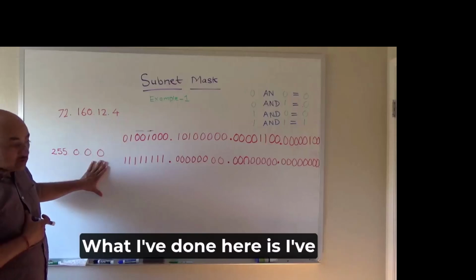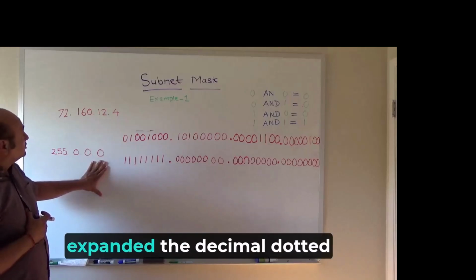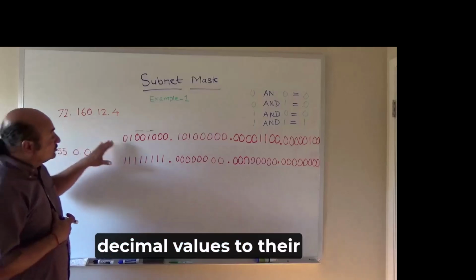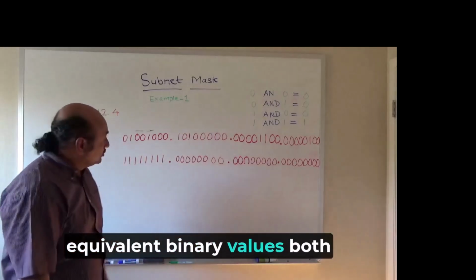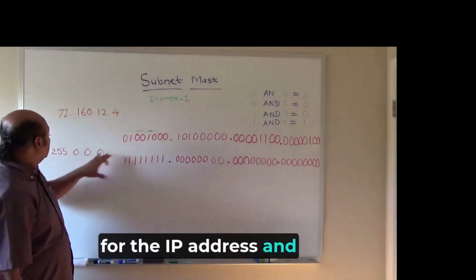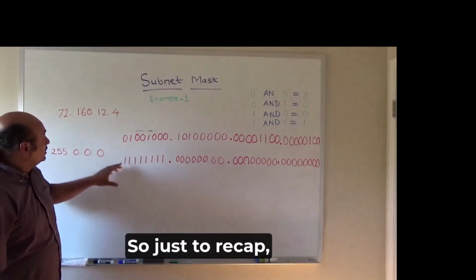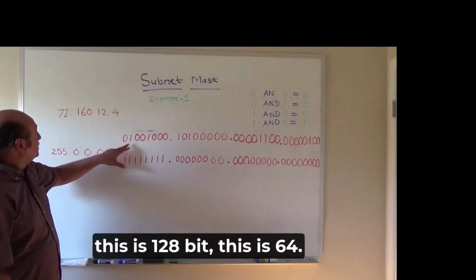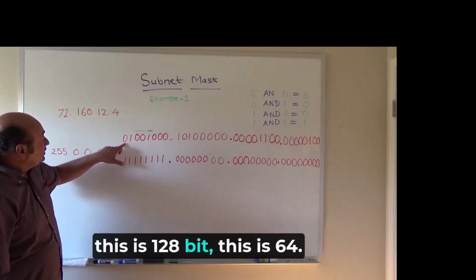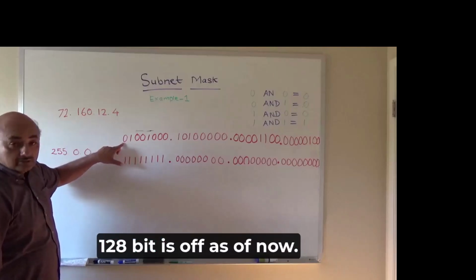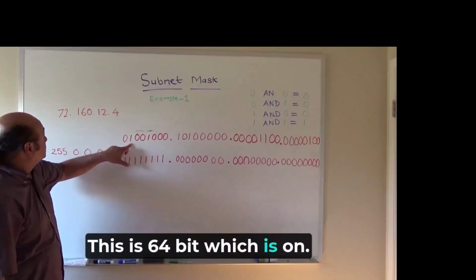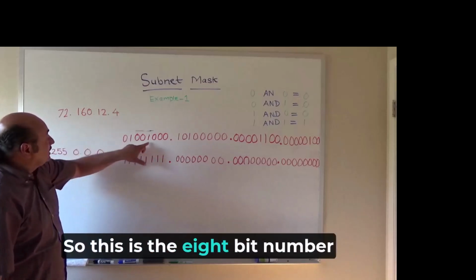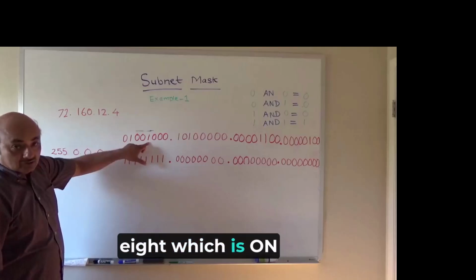255.0.0.0. What I have done here is I have expanded the dotted decimal values to their equivalent binary values, both for the IP address and the subnet mask. So just to recap, this is 128 bit, this is 64. 128 bit is off as of now, this is 64 bit which is on. 64 plus 8 gives me 72, so this is the bit number 8 which is on.